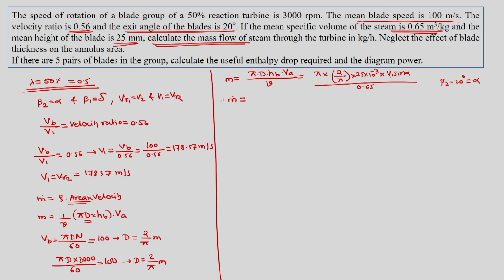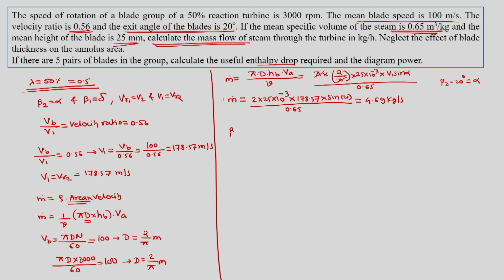So alpha is 20 degree and V1 is calculated. So 2 by pi, the pi gets cancelled. We have 2 into 25 into 10 to the power minus 3, V1 is 178.57 into sine of 20, divided by 0.65, and this gives us m dot as 4.69 kg per second.